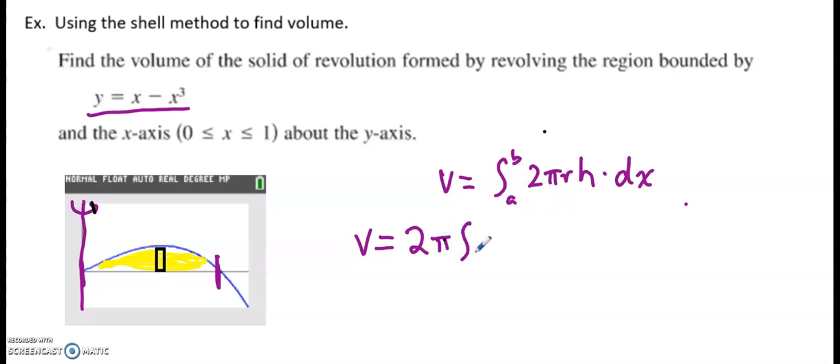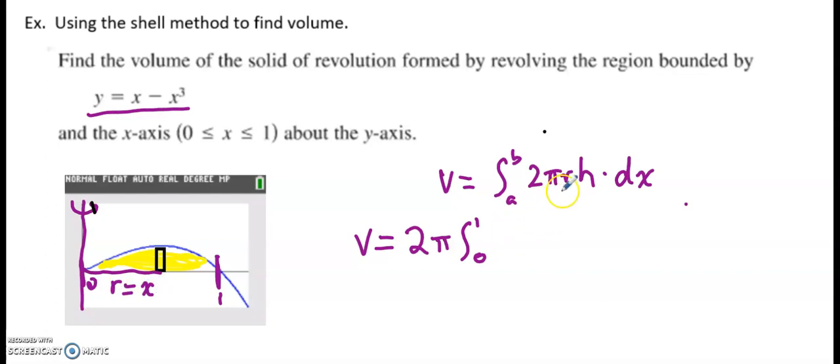And my definite integral is going to go from 0 to 1 on the x-axis. And then my radius. Now to figure out the radius, again, the radius is the length from my axis of revolution till I get to that rectangle. Well, in this case, your radius is just going to equal x.